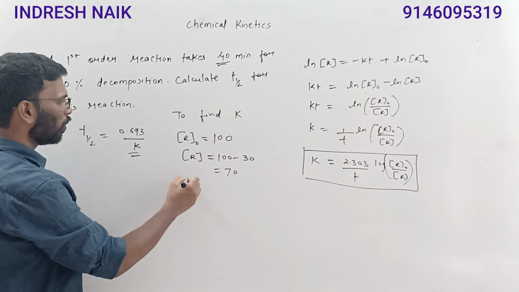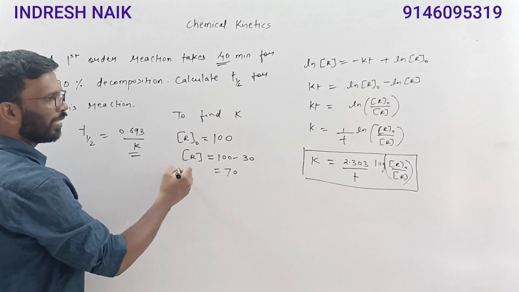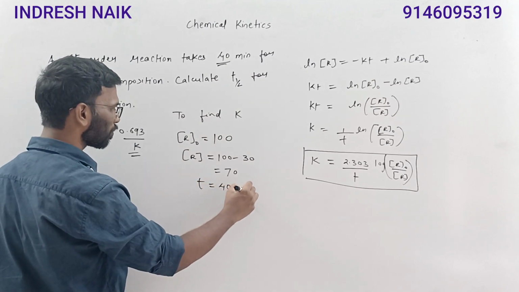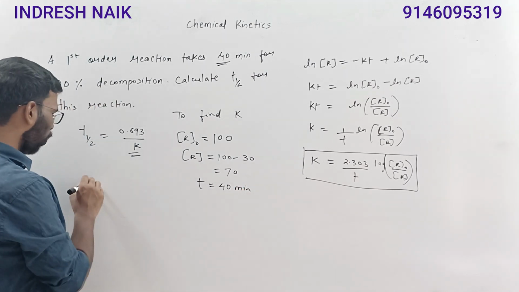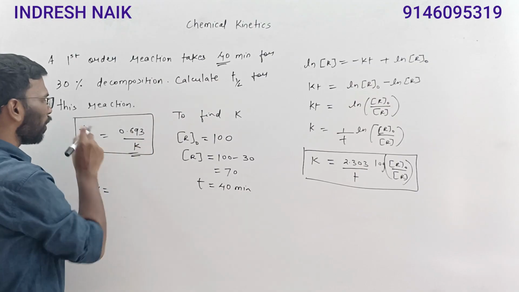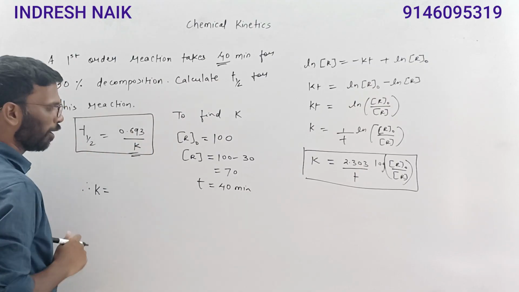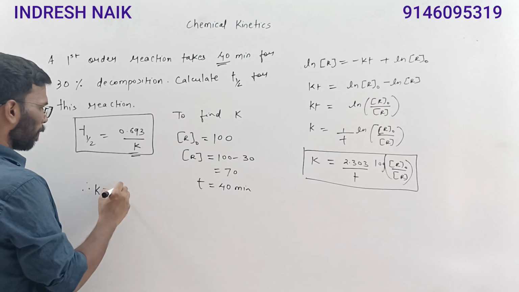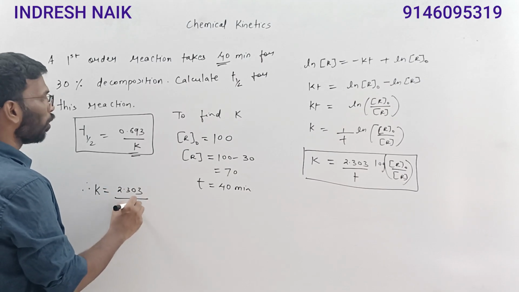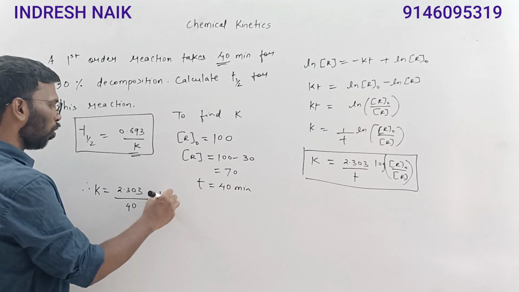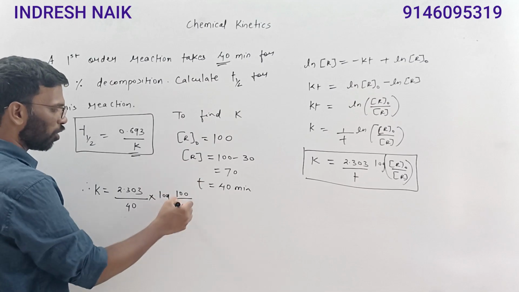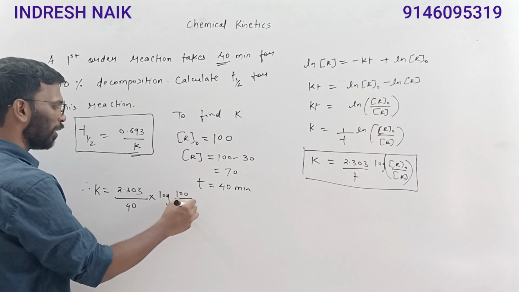So what would k be equal to? And how much is the time? Time is given to be 40 minutes. Therefore I need to substitute the value of k, then I will get t half. So k is equal to 2.303 upon time, 40 minutes, and log of initial 100, with 30% decomposing meaning 70 is remaining.